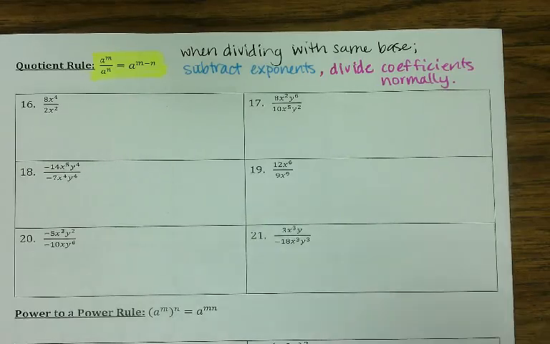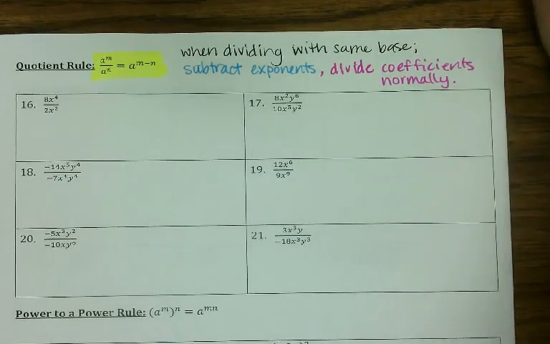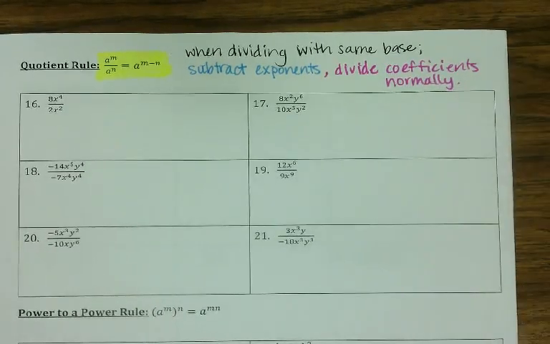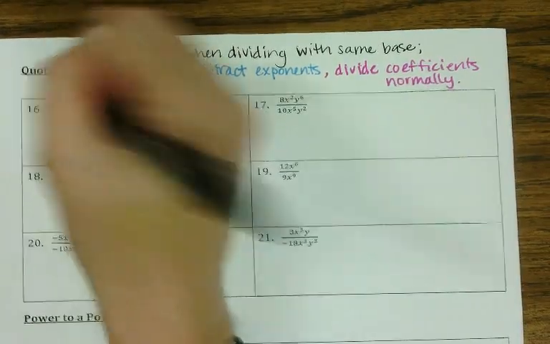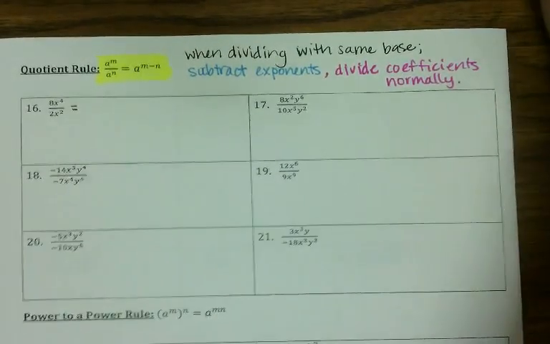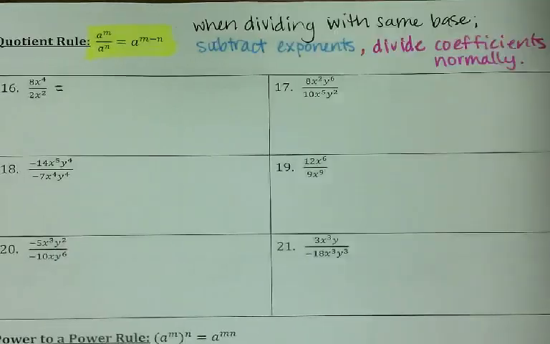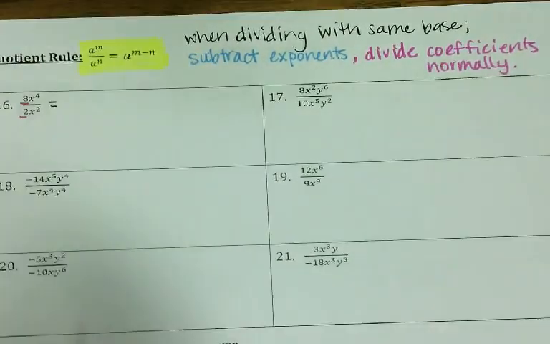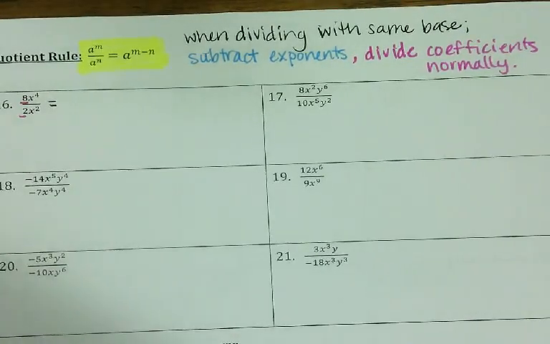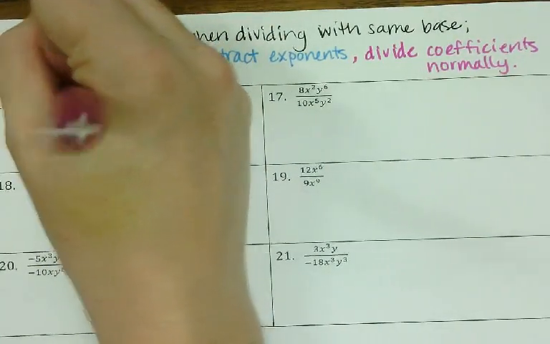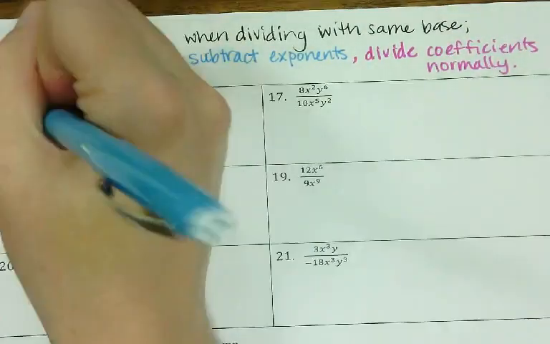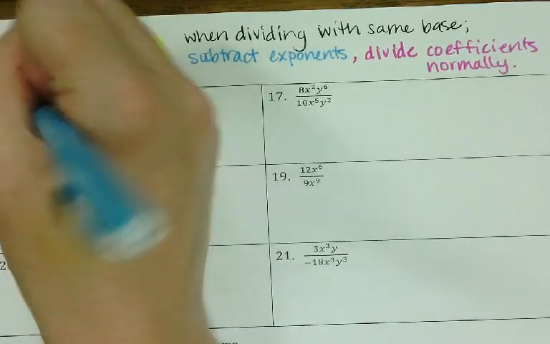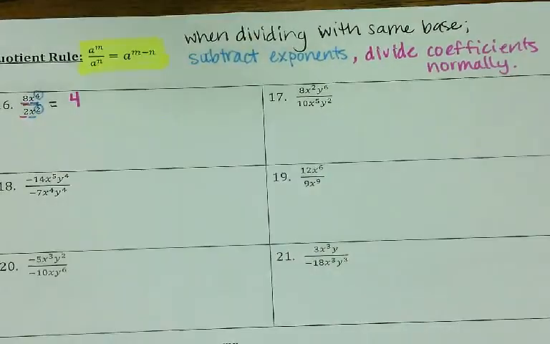So, guys, for 16, let's take a look. So the first rule is with our coefficients, we are going to divide them normally. All right? So 8 divided by 2, guys, what's that going to give us? 4. And then, y'all, we have x to the 4th and x squared.